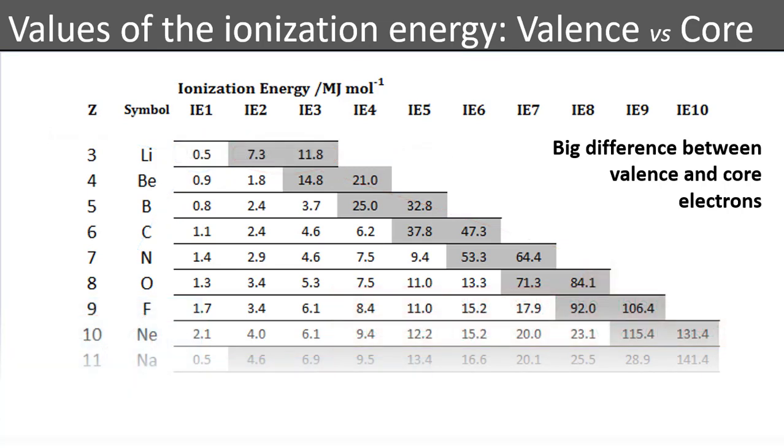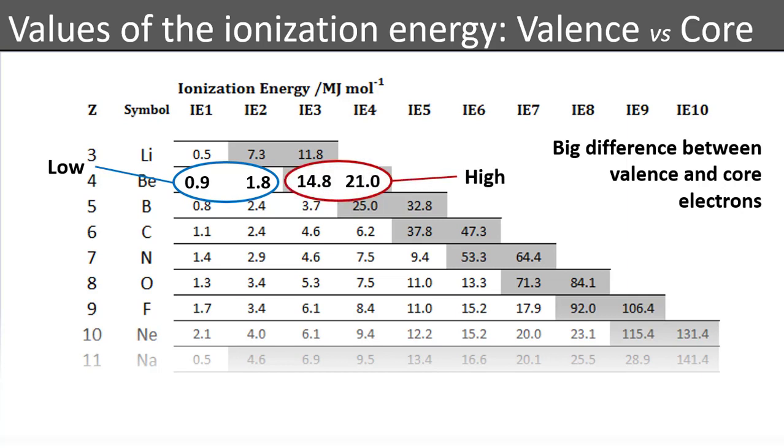What about the next element, beryllium? Beryllium has just 4 electrons, 2 are core and 2 are valence electrons. It costs 0.9 units of energy to remove the first electron, and about 1.8 units to remove the second. Notice that the second electron costs about twice as much energy to remove as the first. Then the third electron, a core electron, costs an impossible 14.85 units.